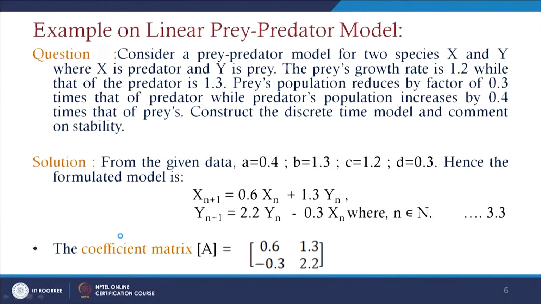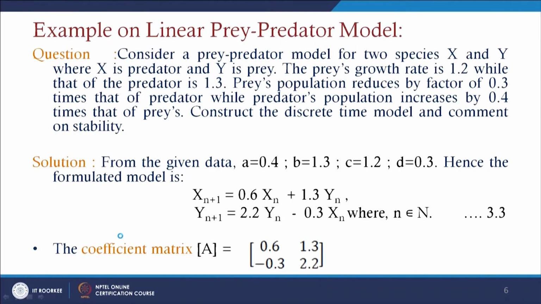Now let us go for an example of a linear prey-predator model. Suppose we consider a prey-predator model for two species, represented as x and y. In the last slides we considered tigers and deer, so consider x as the tiger population and y as the deer population.